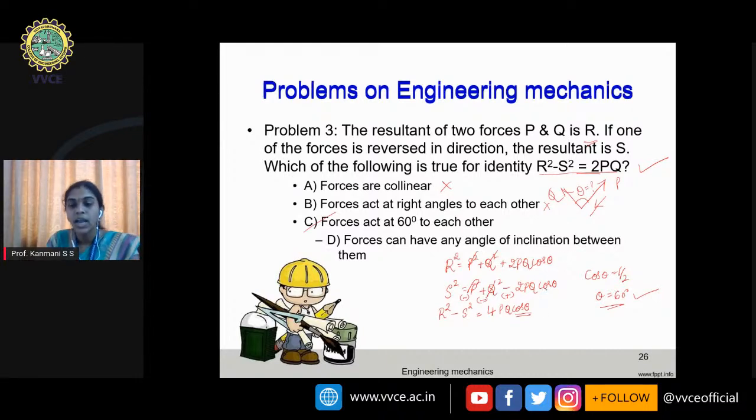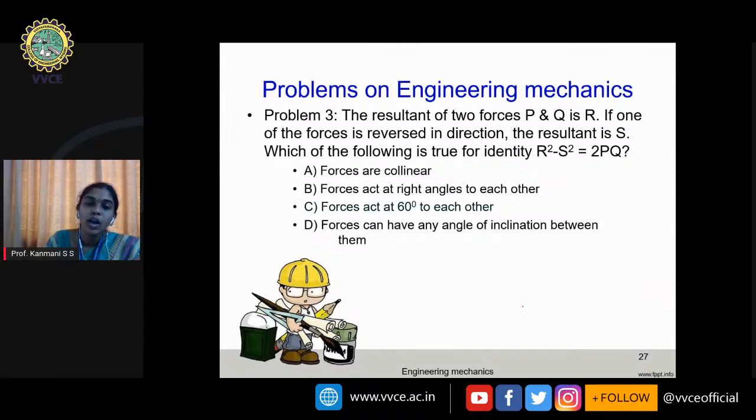This cannot be happening, because if I put theta equal to 0, it will become 4pq, or if theta is equal to 90 degrees, it will become 0. So the answer should be: forces act at 60 degrees to each other.